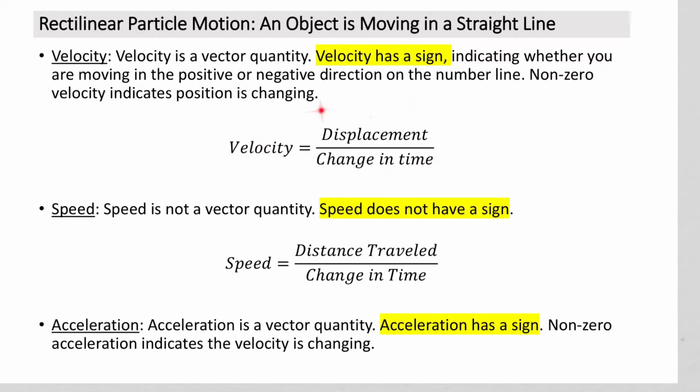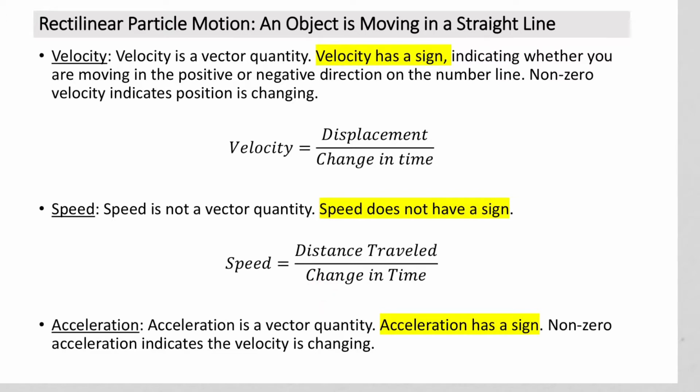And like I said, velocity will have a sign, whether it's positive or negative. Speed, on the other hand, is not a vector quantity, so speed will not have a sign. Speed is the distance traveled, which is an absolute value, divided by the change in time over which that distance traveled occurred.